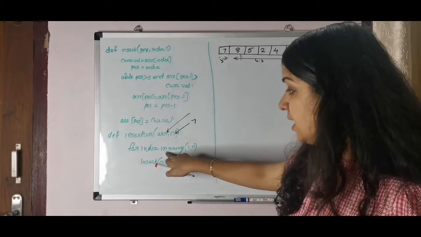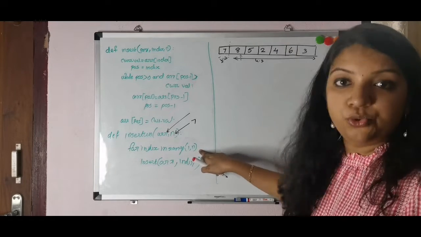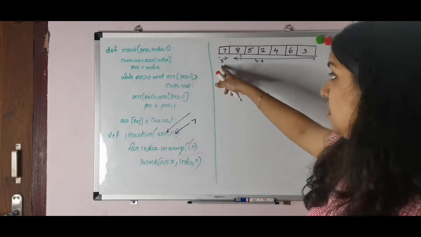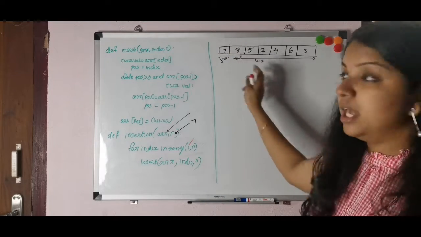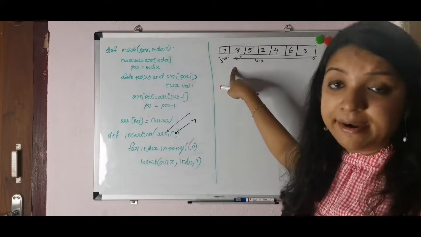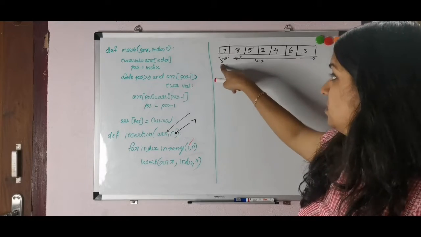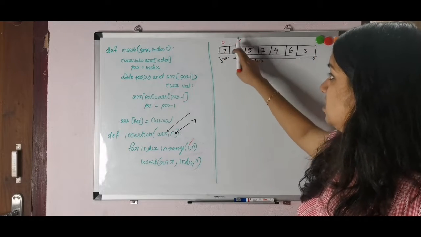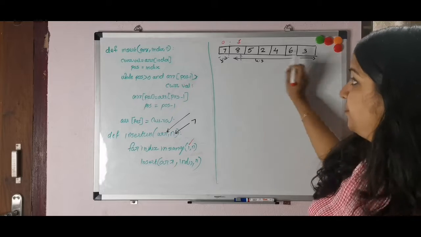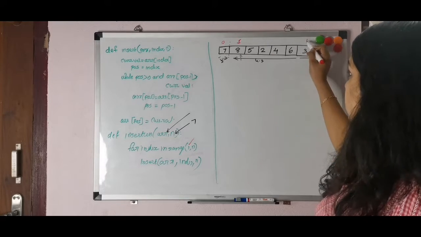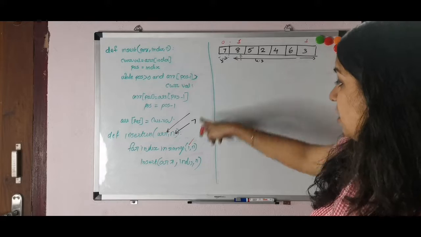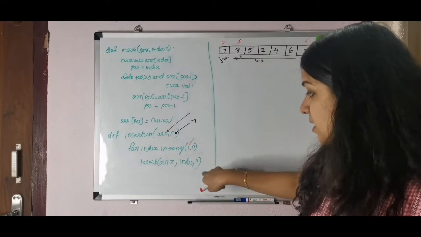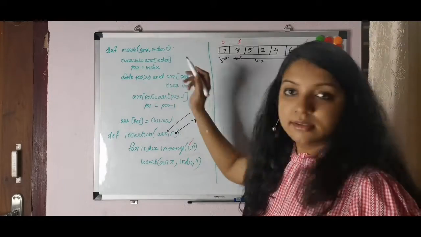And for i in the index range of 1 to n. You can see here it is very important, 1 to n, not 0. That means it is comparing starting from the first element of the unsorted list. Here, this is sorted, this index will be 0, this index will be 1. So that's why it is taking from 1 to n. Then the array and index are passed to this function.